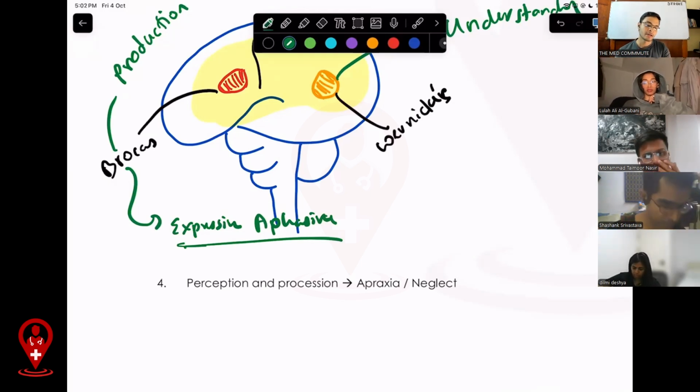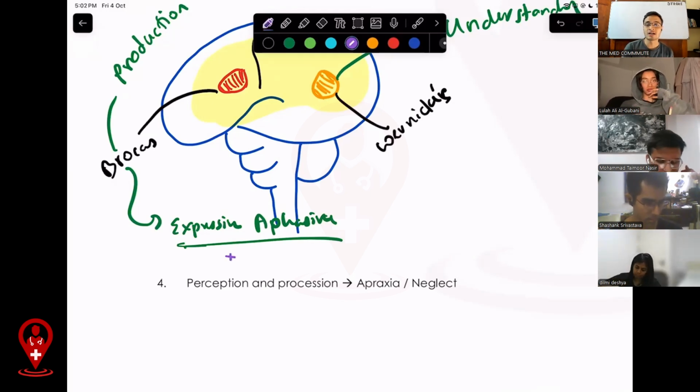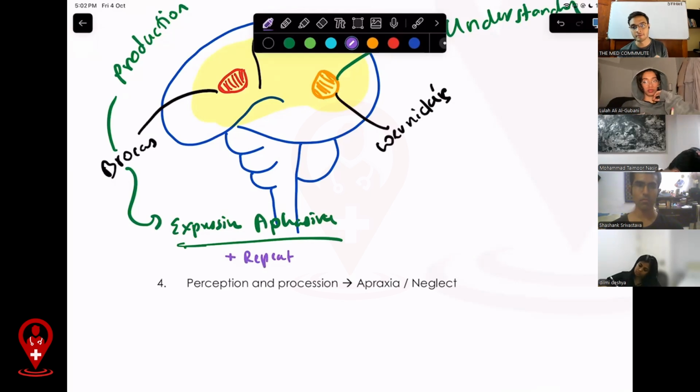Another thing, guys, this one, write it down in red. In expressive aphasias, if you ask them to repeat something, you tell them a word or a phrase and tell them to repeat it, they will not be able to repeat it. So for the Sri Lankan students, in our local language, what we say is to repeat the word Prajatantravadya.